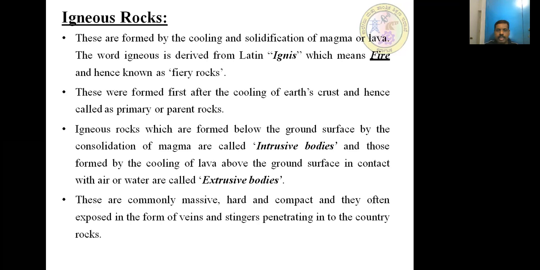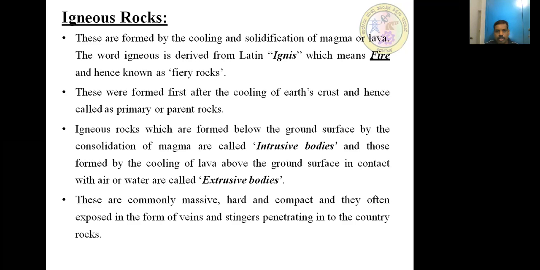So the word igneous is derived from Latin ignis, which means fire. Hence it is known as fiery rocks. So these igneous rocks are the first formed rocks. They are also called primary or parent rocks.